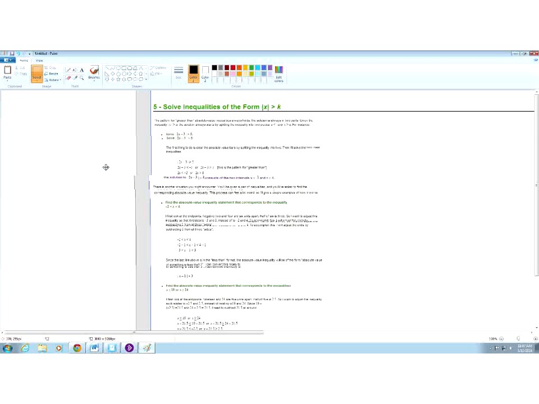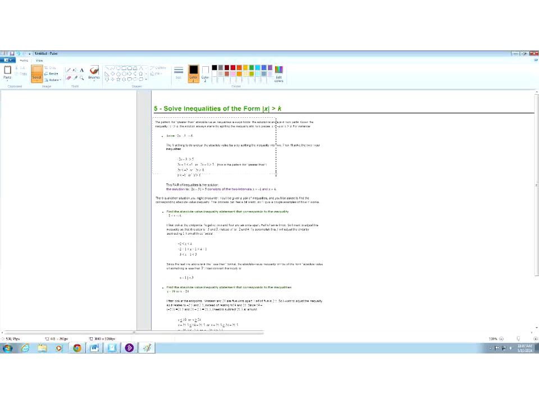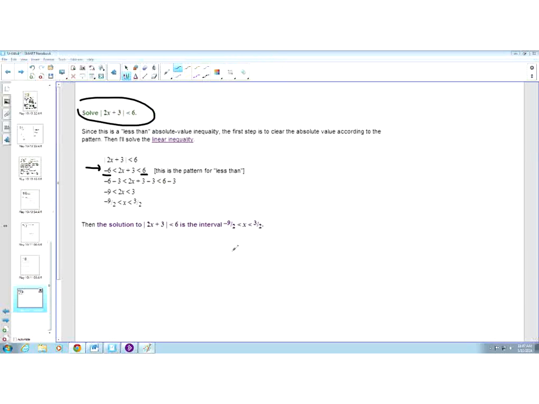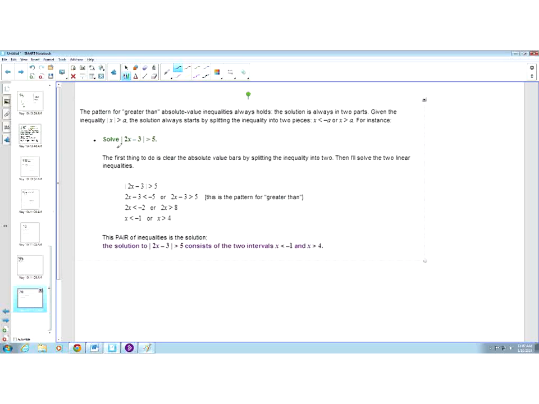So here's an example solving absolute values greater than a number. And again, we transform the problem into one that doesn't involve absolute value. So with greater than, we make the argument of the absolute value less than the negative of 5 and the argument of the absolute value greater than 5. And we solve algebraically and we get this result.